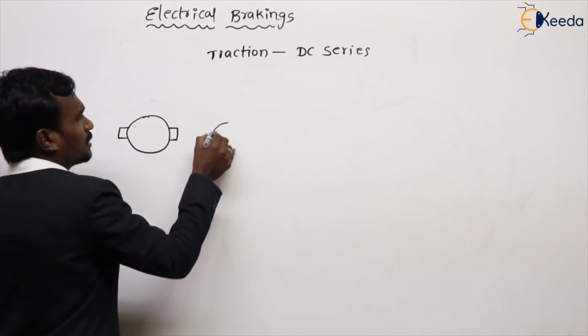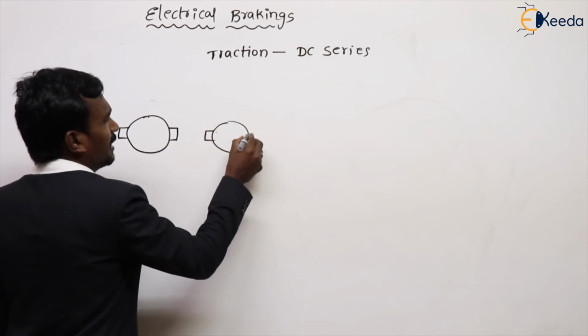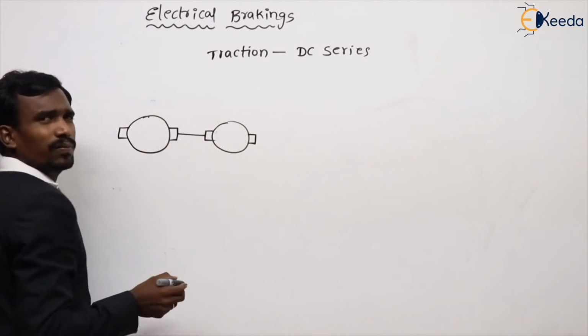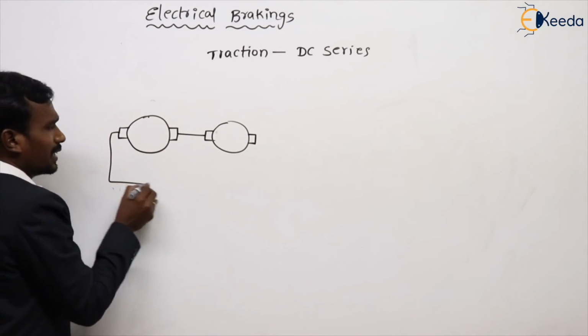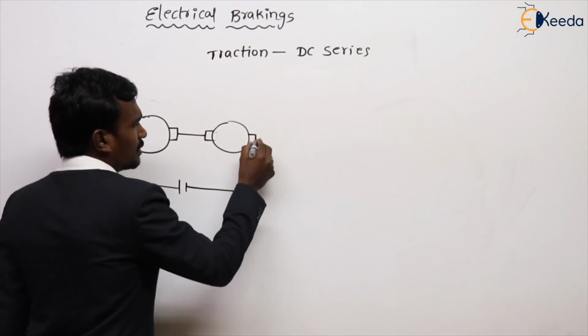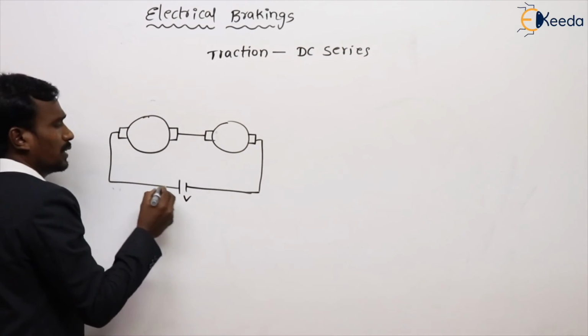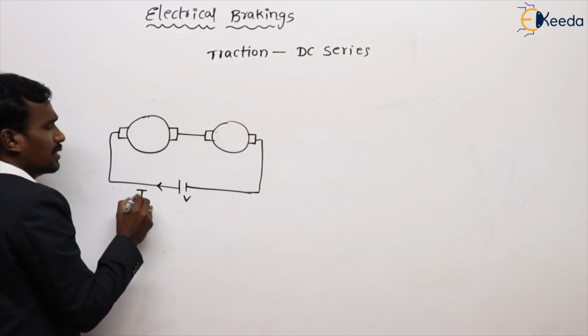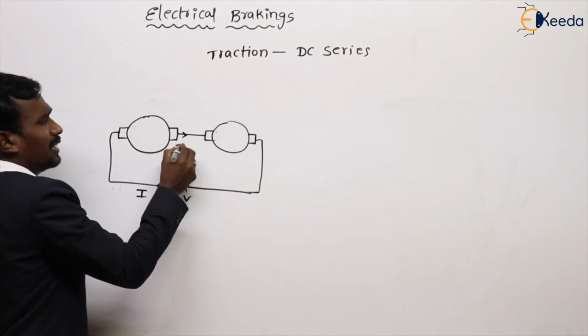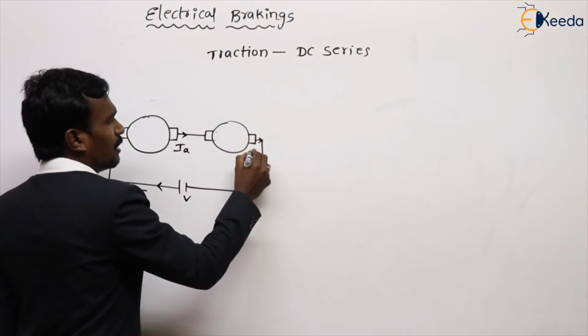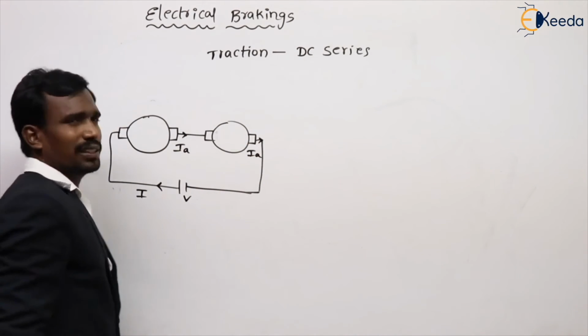Those two DC series motors are connected in series like this. See, this is connected to a constant supply voltage, which gives the current. This is the current IA here. Of course, this is the current IA because both are in series.